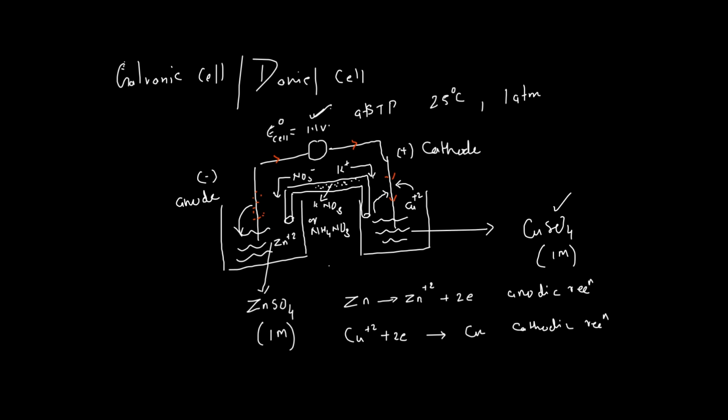When we take the sum of these, the 2 electrons get cancelled, and you get Zn solid plus Cu2+ aqueous converting into Zn2+ aqueous and Cu solid, and that is called the cell reaction.